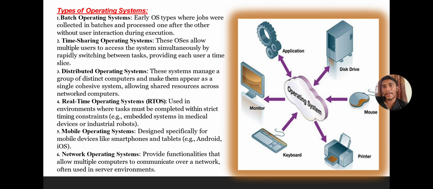Then looking at the types of operating system: batch operating system, time sharing operating system, distributed operating system, real-time operating system RTOS, mobile operating system, and network operating system. These are the types of operating systems. Batch operating system: earlier OS types where jobs were collected in batches and processed one after the other without user interaction during execution.